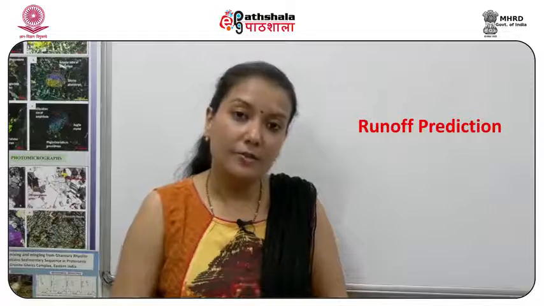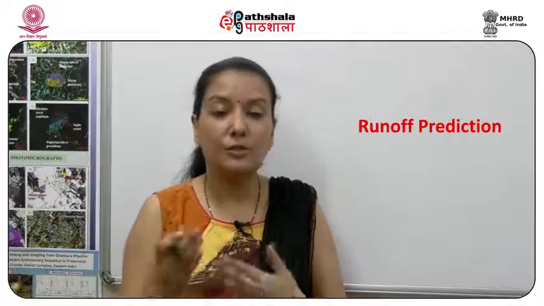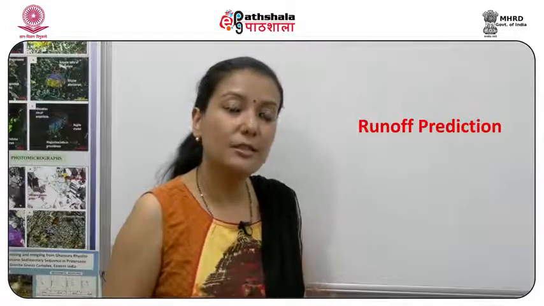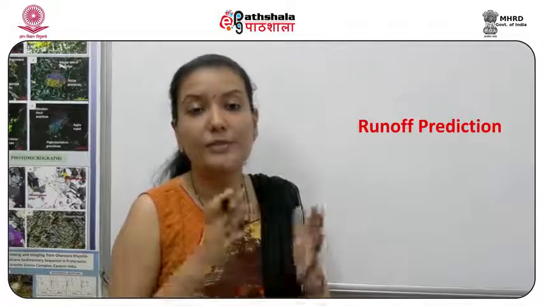Now, why do you need the digital elevation data? You need it because you can understand the slope. As you know by now, if it's a steeper slope, water will flow through it. If it's a flat surface, water will try to infiltrate more. These layers can be integrated in GIS.